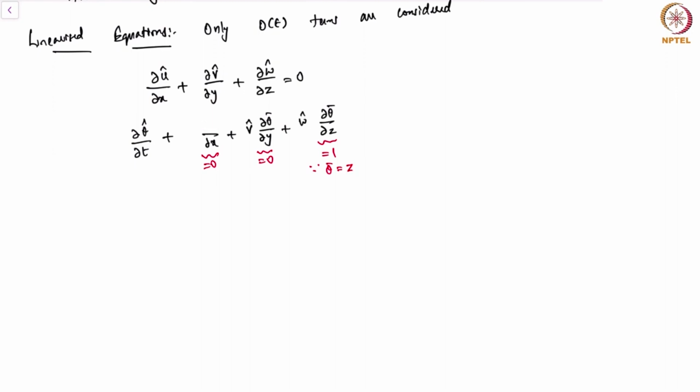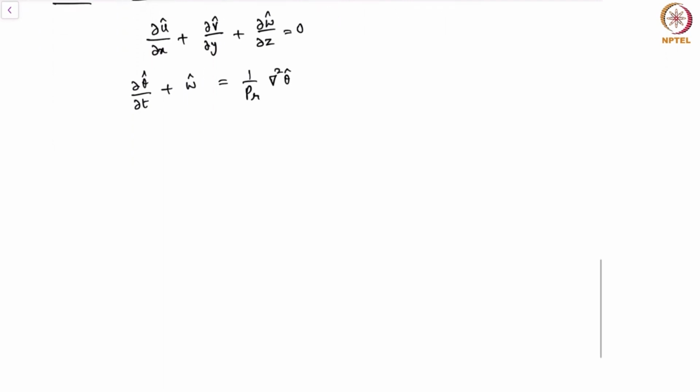So I will erase all of this and simply write down the final expression: plus w hat times 1, which equals 1 by Prandtl number times the Laplacian of theta hat. This is my temperature equation.